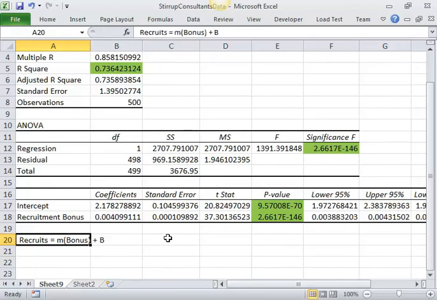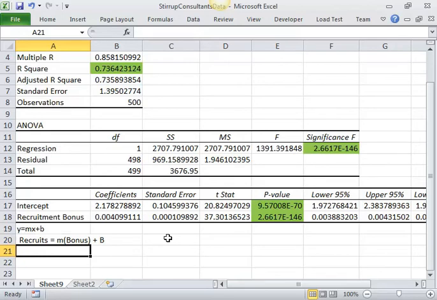So it's basically the same equation. Y equals mx plus b, where y is what you're trying to get and mx is what you already know. Recruits equals m bonus plus b, where recruits are what we're trying to figure out and bonus is what we're putting in because we're deciding what the bonus will be.